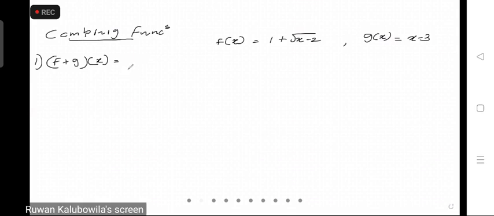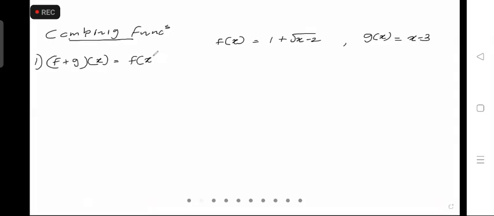If you see these kinds of things that you need to solve, you can break this one into f(x) plus g(x). If someone asks for f plus g times x, you can divide it into this.